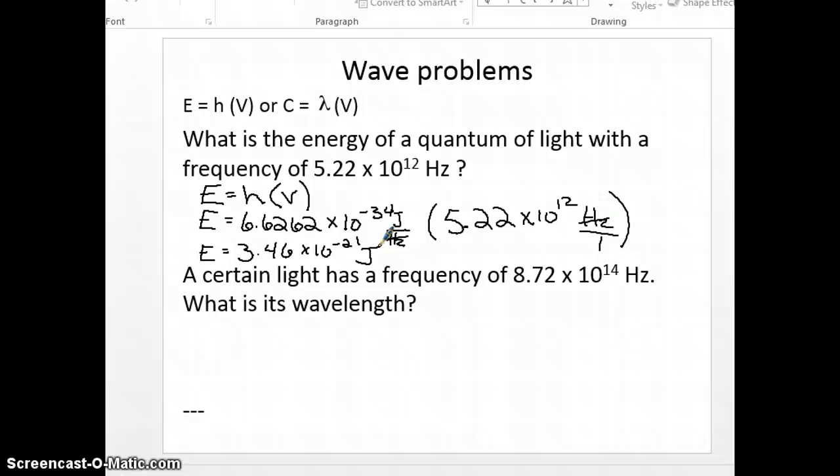Okay, so the second one: a certain light has a frequency of 8.72 times 10 to the 14th hertz. What is its wavelength? Well, there's only one formula with wavelength. Okay, and c is my constant.